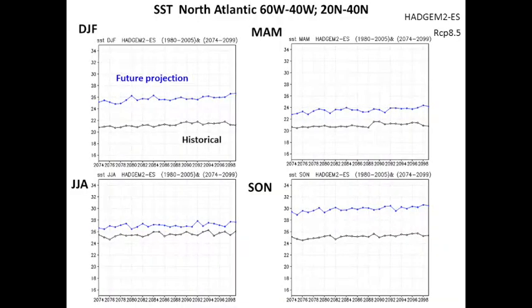And this is only for the North Atlantic, in this 60 west to 40 west and 20 north to 40 north, and only for HadGEM2, where we see this increase from the historical period to the future. And for all the seasons, we see these changes. Okay.